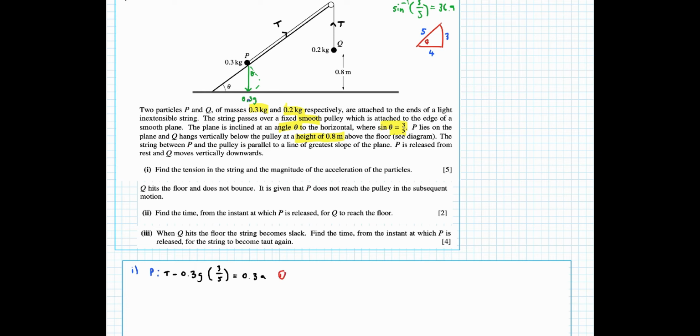Q, so Q is hanging, so you'll have 0.2 G minus your T is equal to 0.2 A. And again, you can see, as always with these questions, your T's will cancel out in terms of simultaneous equation, and you'll add the rest of it.